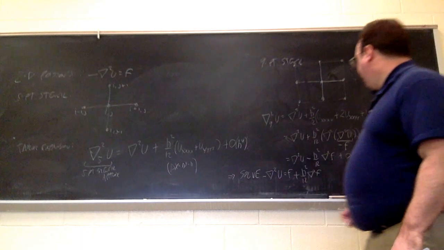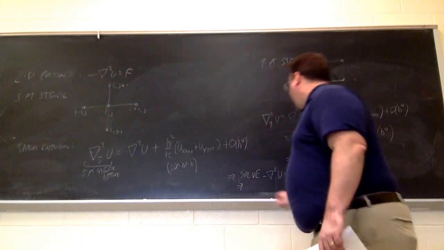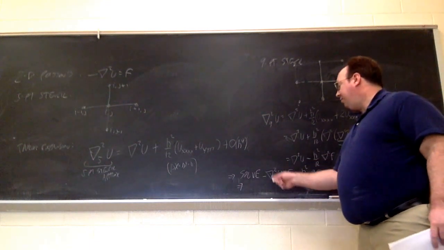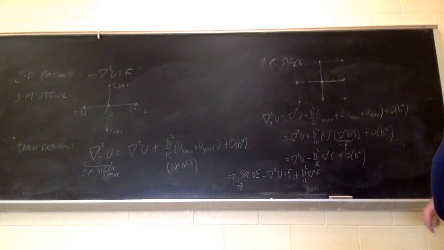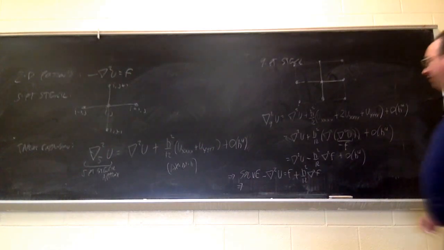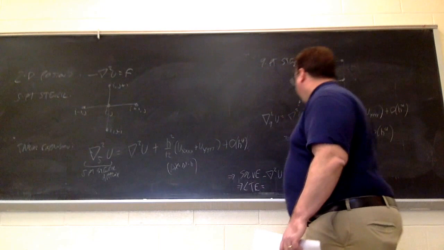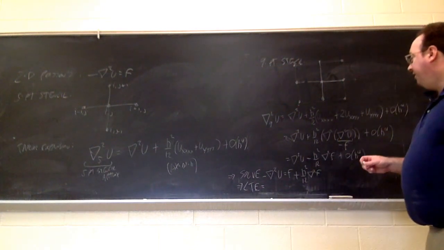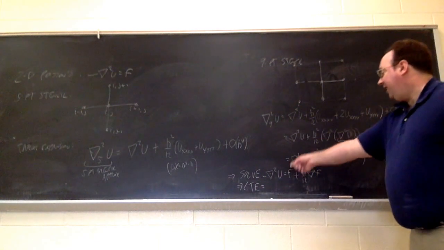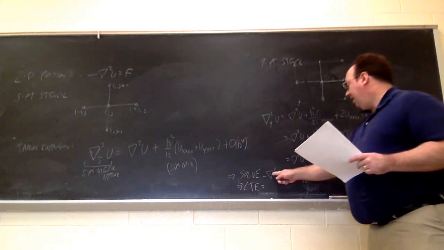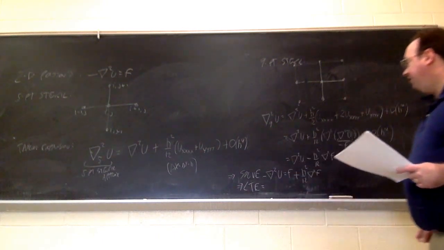Because then my local truncation error in that case, because now I'm going to take this and approximate this, still using the 9-point Laplacian. So my local truncation error is when I substitute in the exact solution into this equation here.